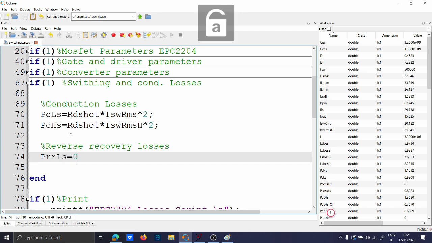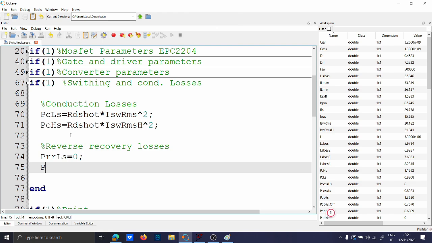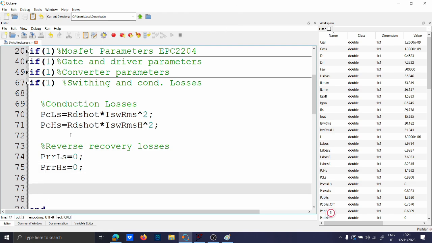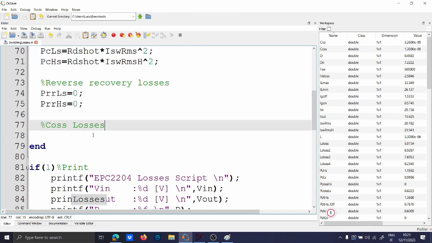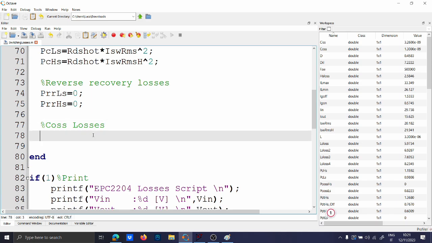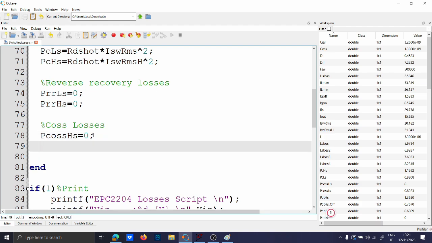PRR of the low side is equal to 0 because the GaN has no body diode theoretically, and so we will put them to 0. Then we have the COSS losses. The COSS are the output capacitance losses, and the high side has 0. PCOSS high side is equal to 0 because it doesn't switch. It has 0 voltage.